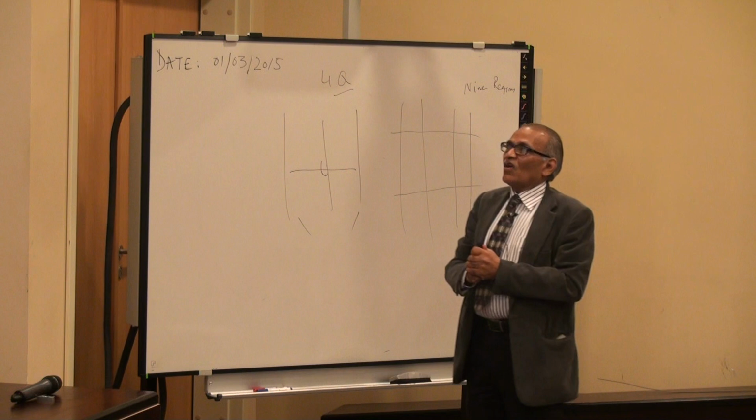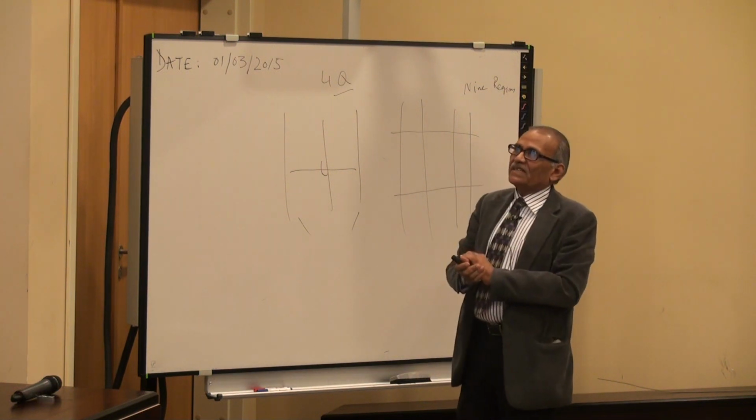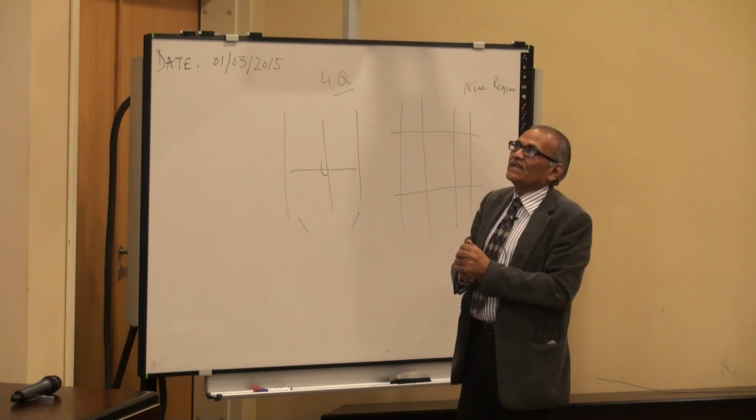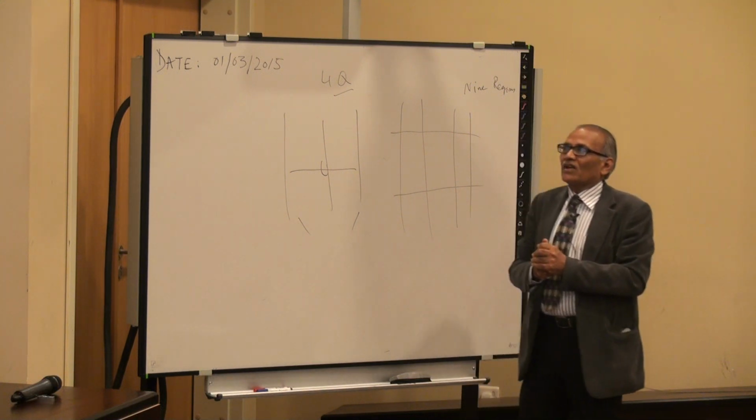The abdominal quadrants: 2 lines divide them. One line, if you look, is passing through the umbilicus, a horizontal line.